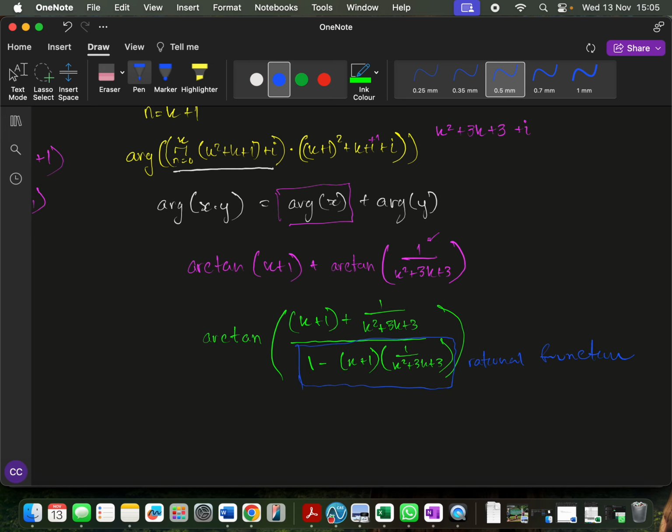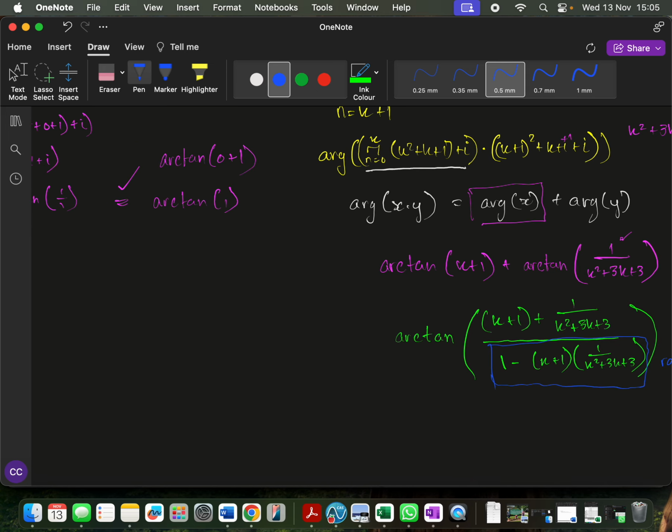So to turn that into a rational function, I'm just going to multiply this 1 by (k squared plus 3k plus 3) over (k squared plus 3k plus 3).